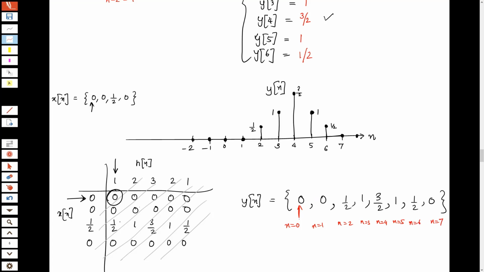So y[0] is 0, y[1] is 0, y[2] is half, y[3] is 1, y[4] is 3 by 2, y[5] is 1, y[6] is half, y[7] is 0, and everything above that is also 0. So you notice you get the same answer using the two methods. If this kind of question comes in a time-bound competitive exam like GATE, this shortcut method will help you save a lot of time.